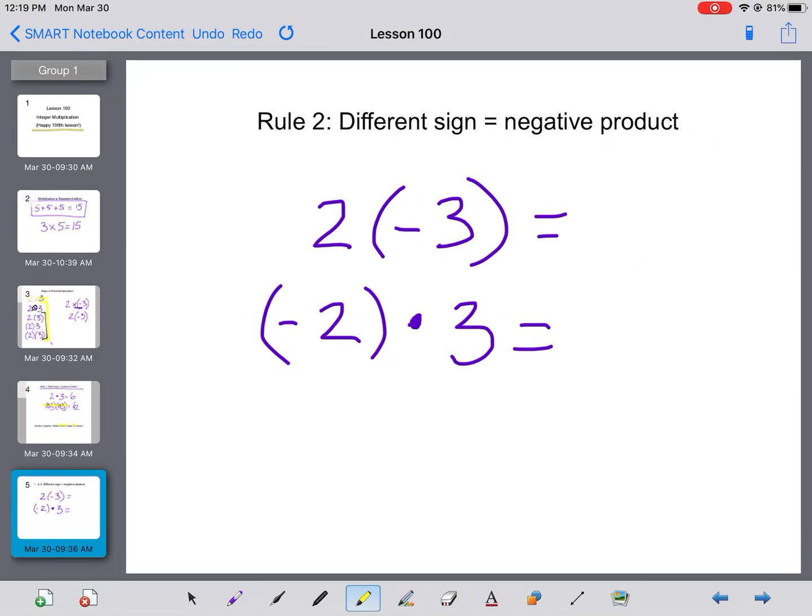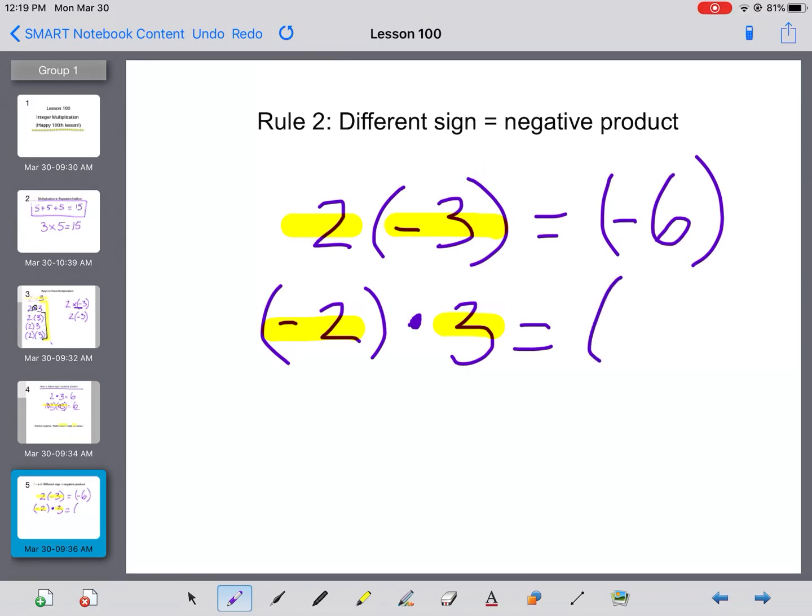Rule number 2 is just when we have different cases, when you have two numbers that are being multiplied together where they have different signs. So we have here a positive 2 and we have a negative 3. Because they have different signs, your answer is going to be negative. And it works the same way if your negative number is first, your positive number is second.